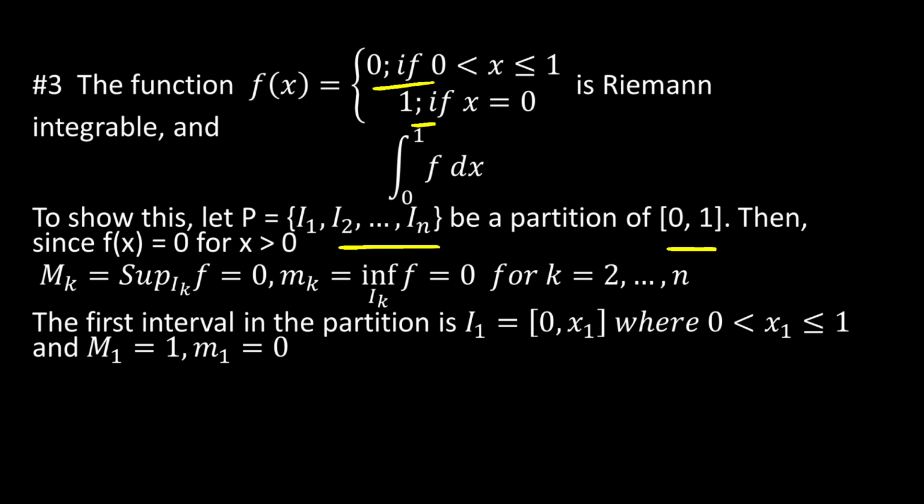Then since the function is 0 in the first case, for x greater than 0, you can clearly get the supremum and the infimum in relation to that; clearly it is 0.